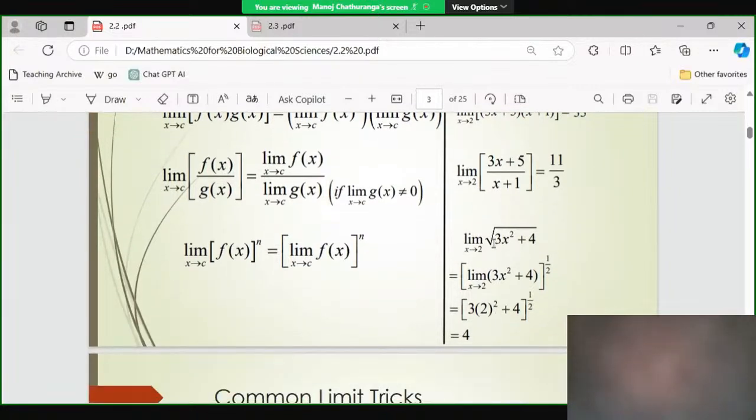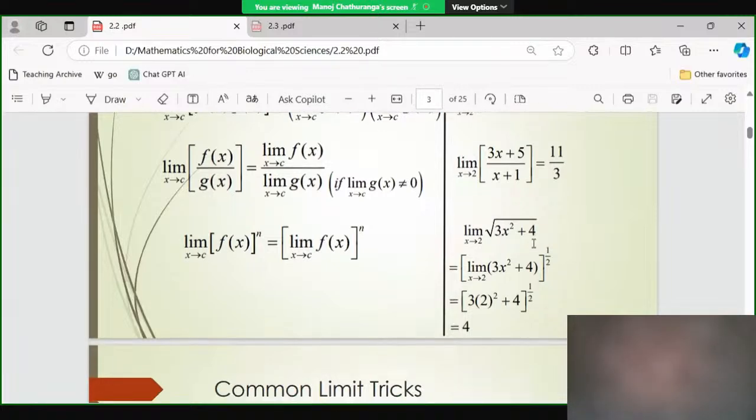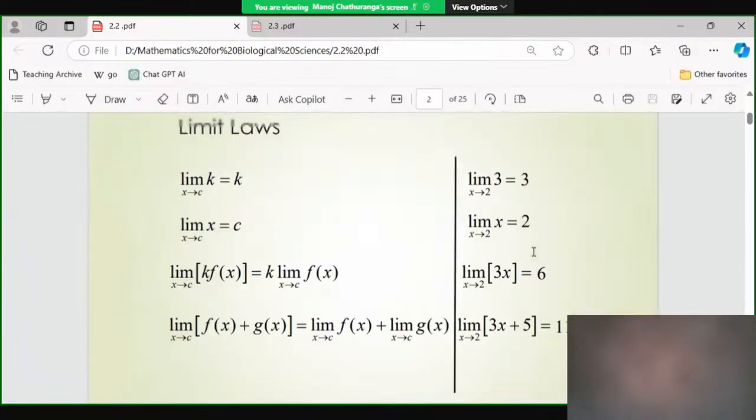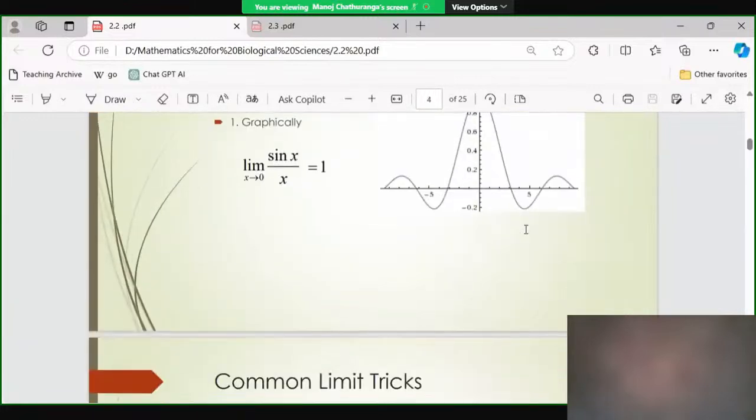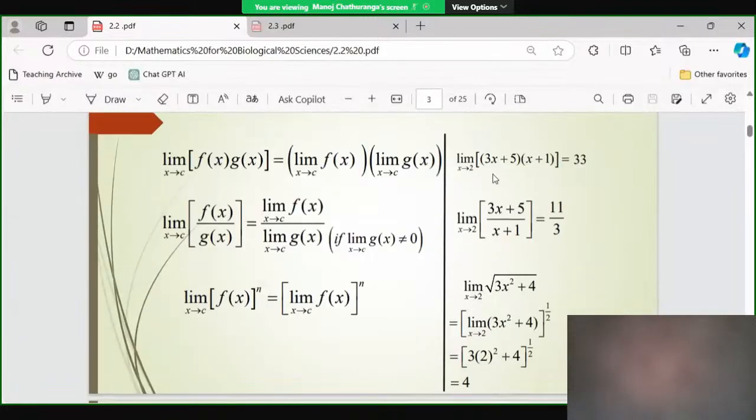So this is a square root. Square root is power 1/2. There are no x terms in the 1/2. So you can put 1/2 aside and take the limit of whatever is inside the square root. So using these rules, we can compute limits.